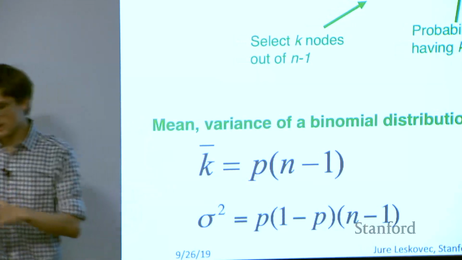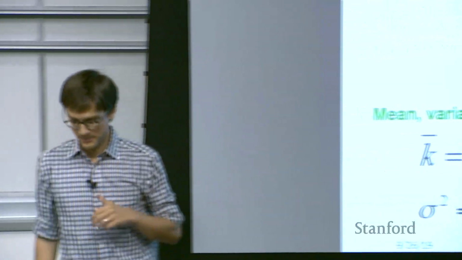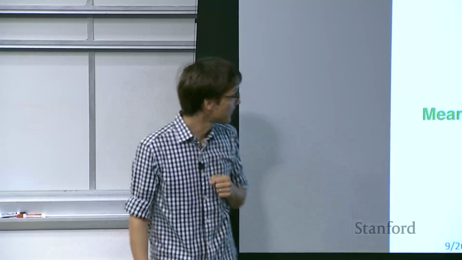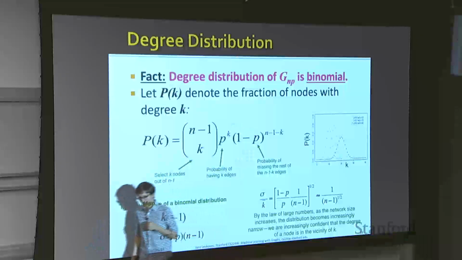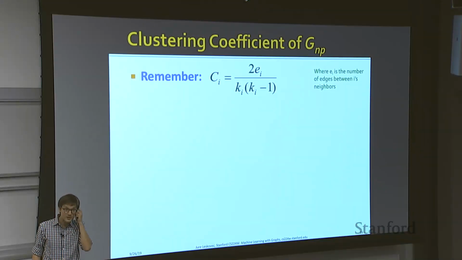So this is essentially a graph where everyone has the same degree in the limit, okay? Or at least you can think of it that way, because the variance will be getting smaller and smaller, okay? So that's the first property.